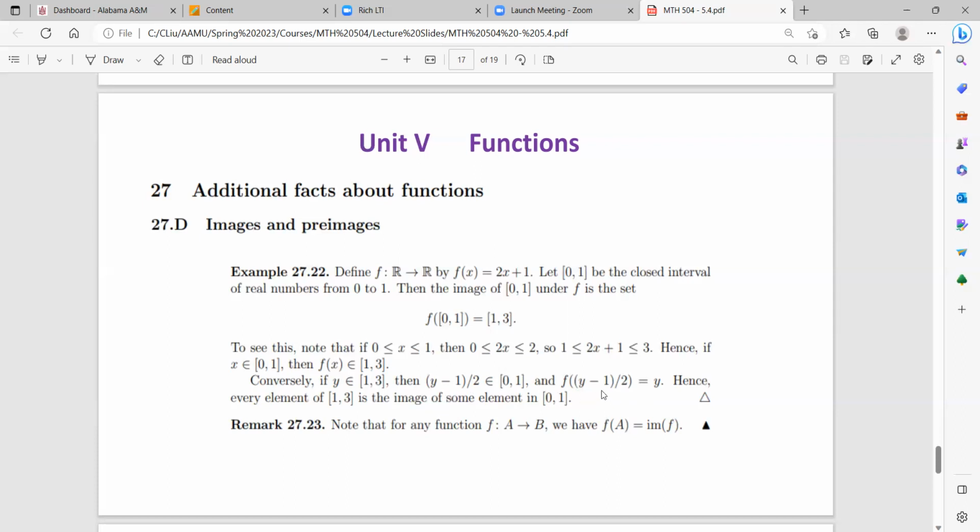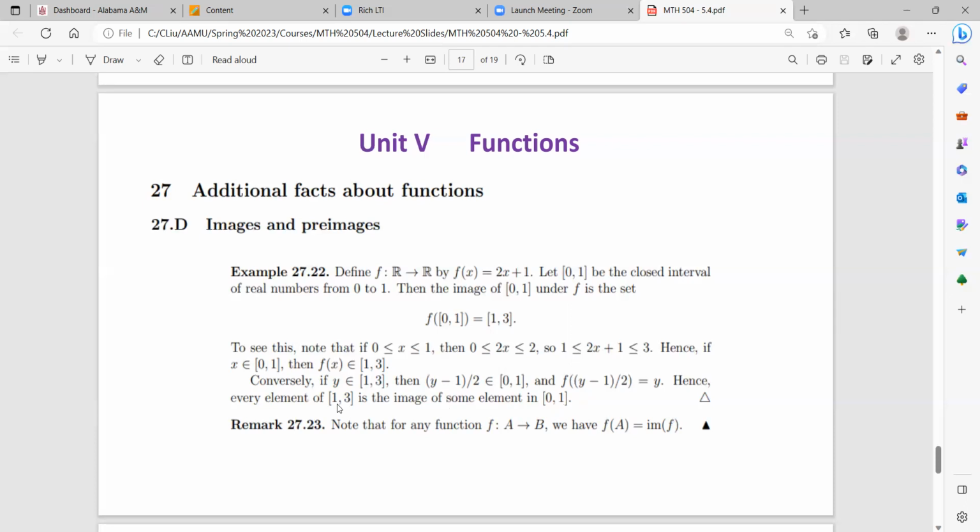That means each number y in the closed interval from 1 to 3 has a pre-image, which is (y - 1)/2, from the closed interval from 0 to 1. So that confirms the closed interval 1 to 3 is the image of the closed interval from 0 to 1.